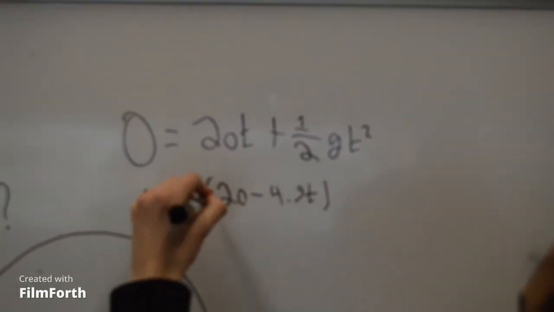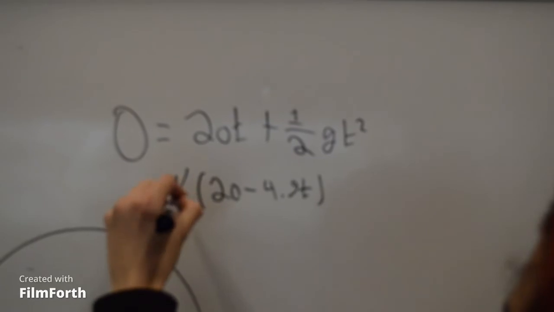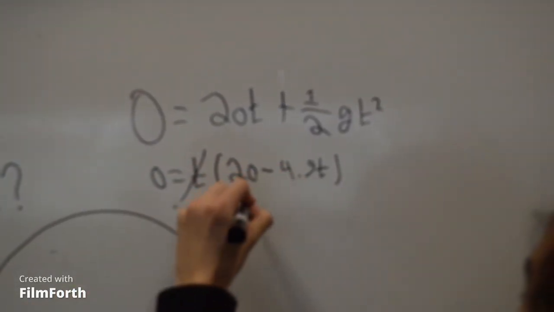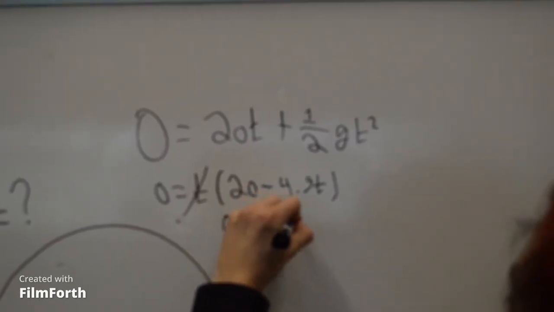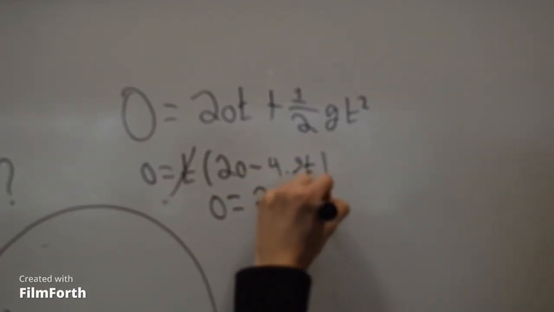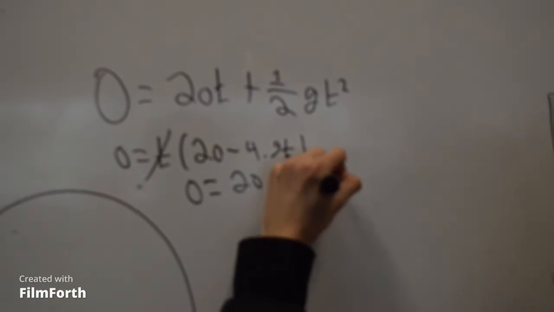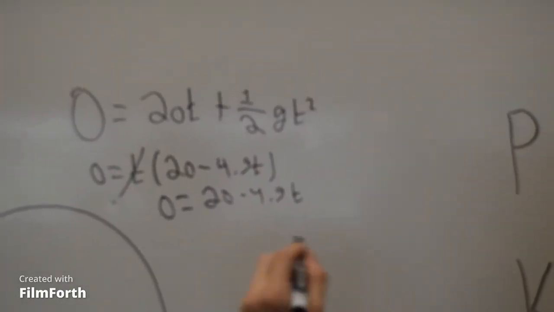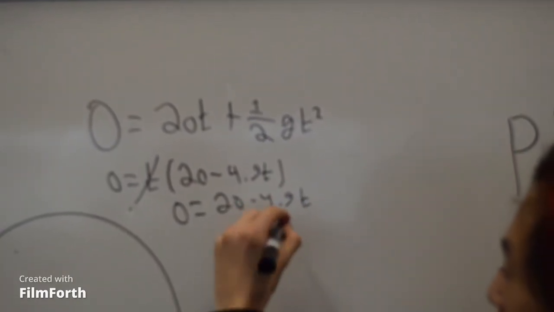Notice how we can take out 1 t, and then t equals 0 is just unrealistic. So now we get 0 equals 20 minus 4.9t. If you're in AP Physics, you would use g equals 10, but for precision purposes, we will use g equals negative 9.8 today.